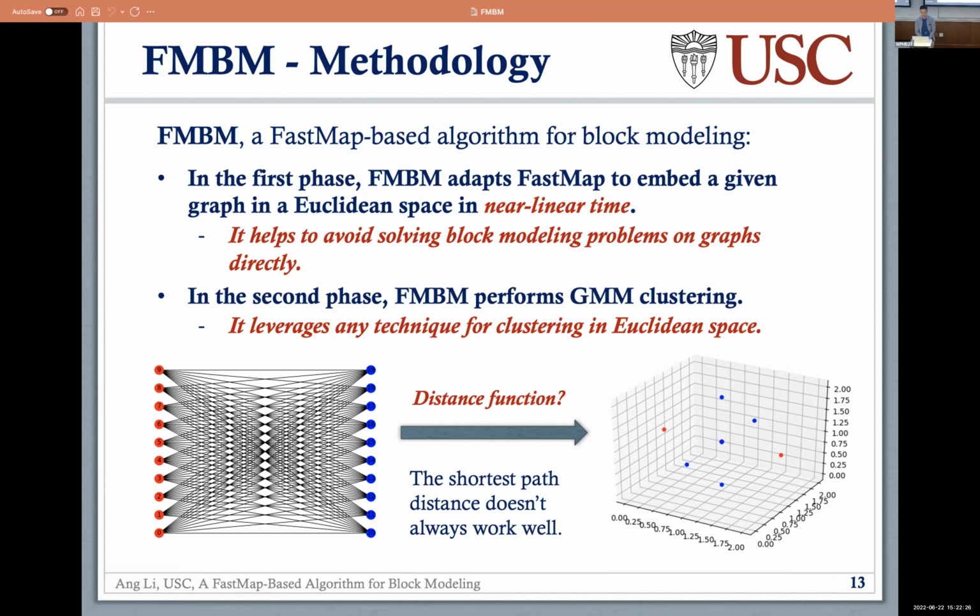If we use the shortest path distance function, then the vertices in the same partition would have a lower similarity. Thus, the shortest path distance is not a good measure. The embedding here shows that if we use FastMap with the shortest path distance function to embed this bipartite graph, we get an embedding like this. We can see that many vertices from different partitions actually overlap with each other.